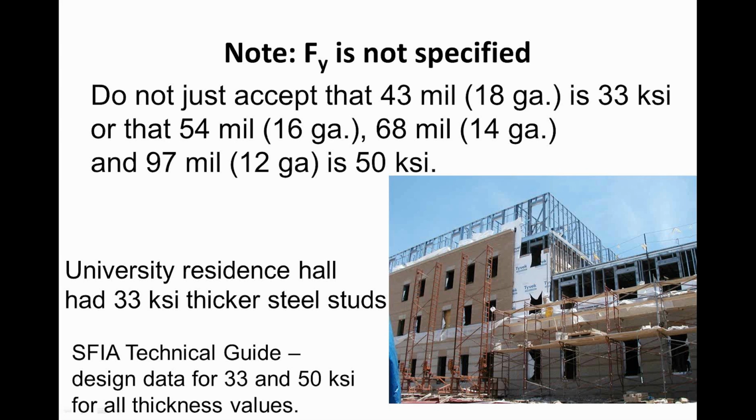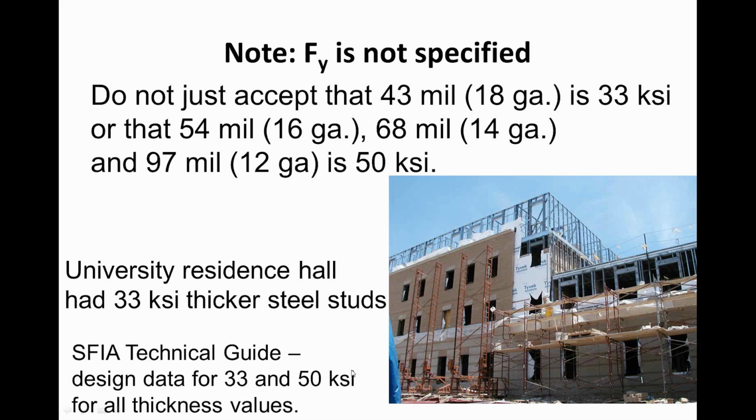In fact, this is a photograph of one of the new residence halls on my campus here. They're in the process of building several new residences. And for me, it's fascinating because they're all cold-formed steel load-bearing. But these studs were supposed to have been 50 KSI material. Well, what they found out was that even though it was a thicker 68 mil member, it was 33 KSI material. So they had to do some remediation as they were moving forward with the project.